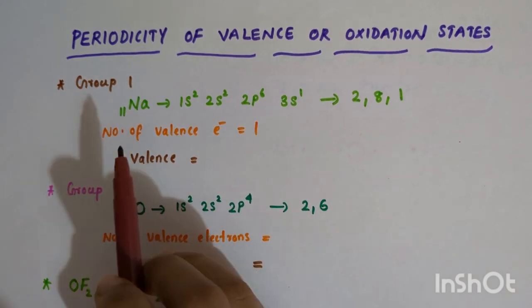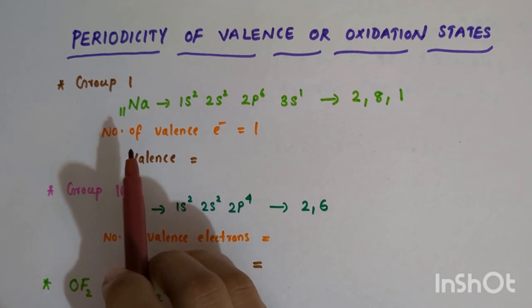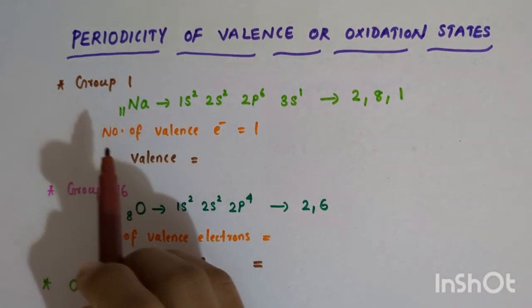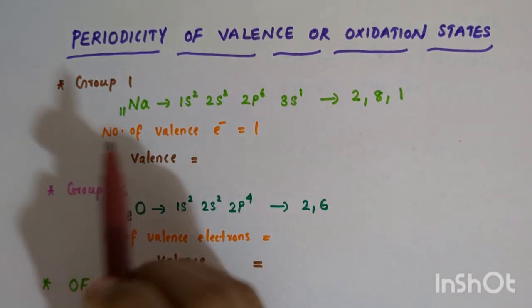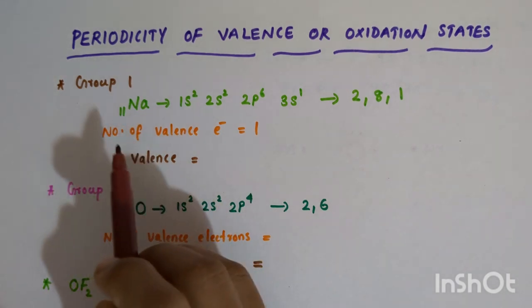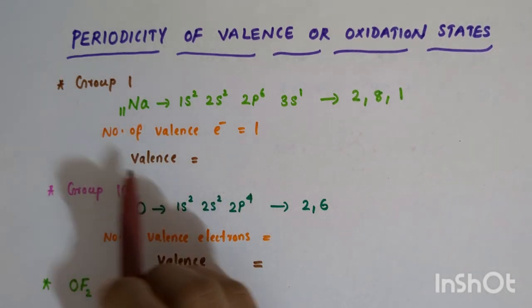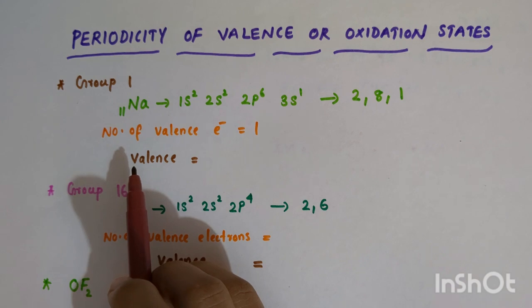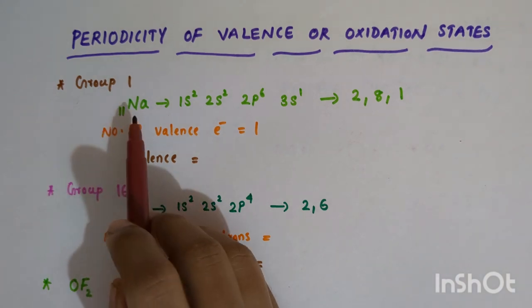The valence of representative elements is usually, though not necessarily, equal to the number of electrons in the outermost orbitals, or equal to 8 minus the number of outermost electrons. For example, consider the group 1 element sodium.